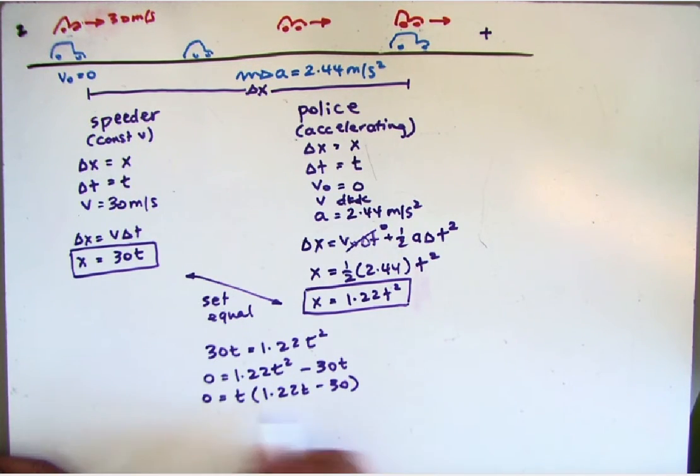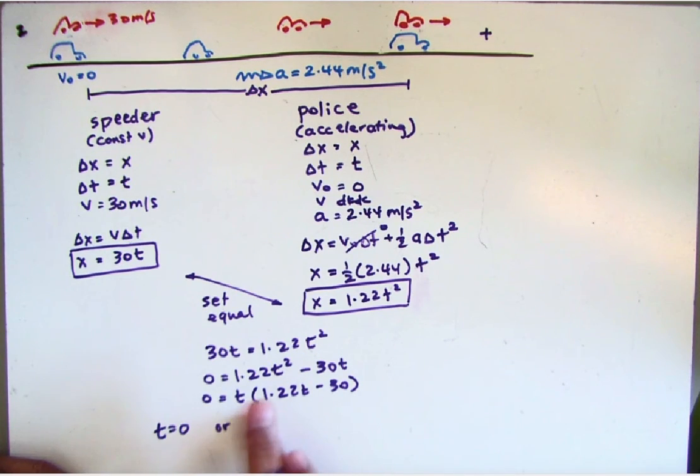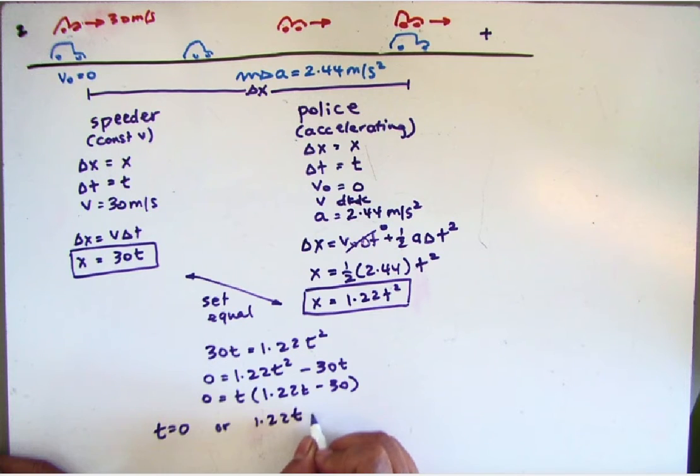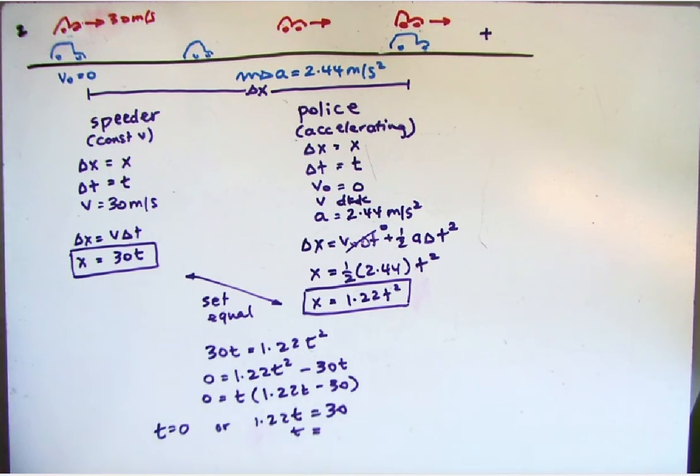So then in order to solve this equation, we have two things. t equals 0, or 1.22t equals 30. So t equals 30 divided by 1.22, and that equals around 24.6. So let's look at what we have.